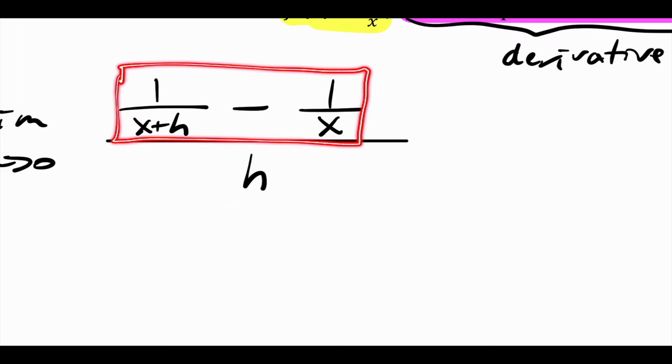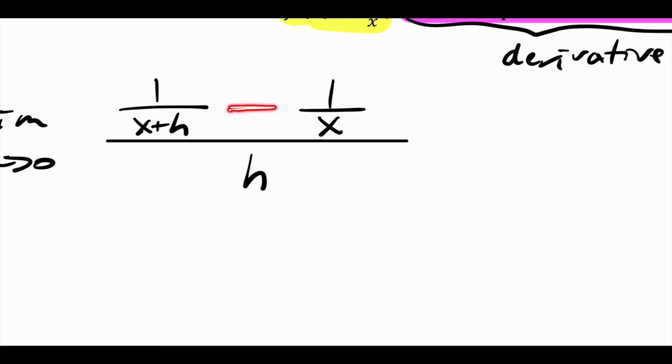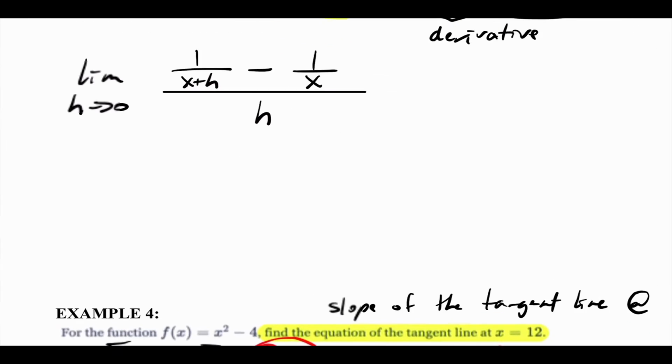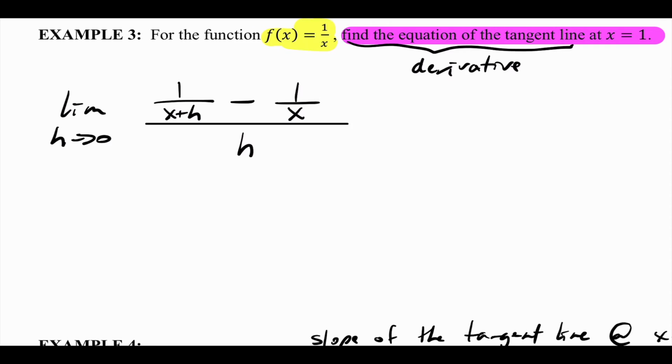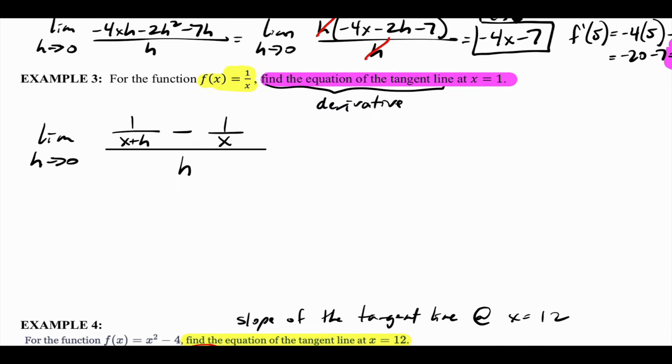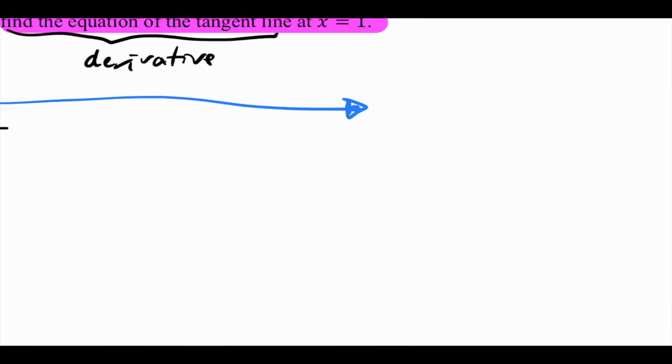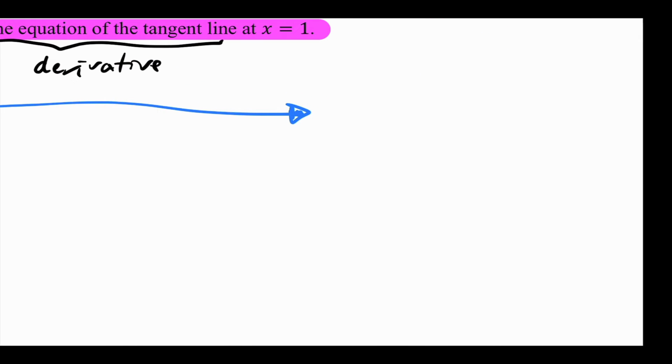In order to get these guys together, I have to subtract them. Subtraction involves common denominators, so that's what I'm going to do over here. I'm going to take this guy and get it over here. So I have 1 over x plus h minus 1 over x.